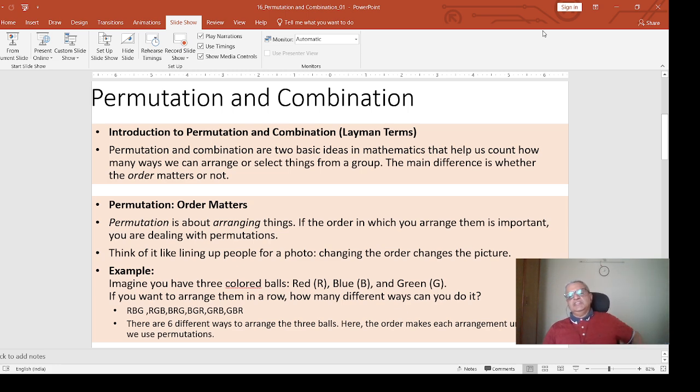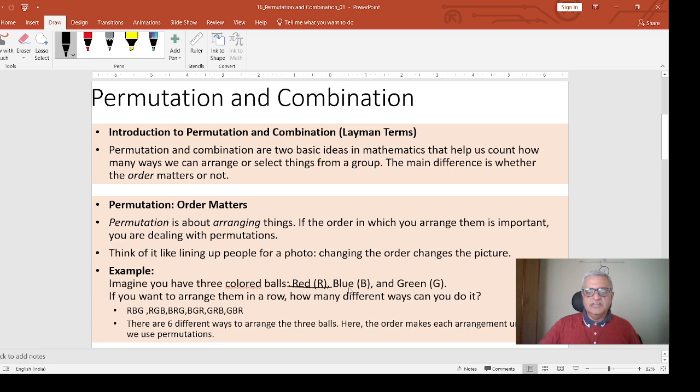See the example. Suppose we have three colored balls: red, blue, and green. If we are asked to arrange them in a row, how many different ways can we do that?